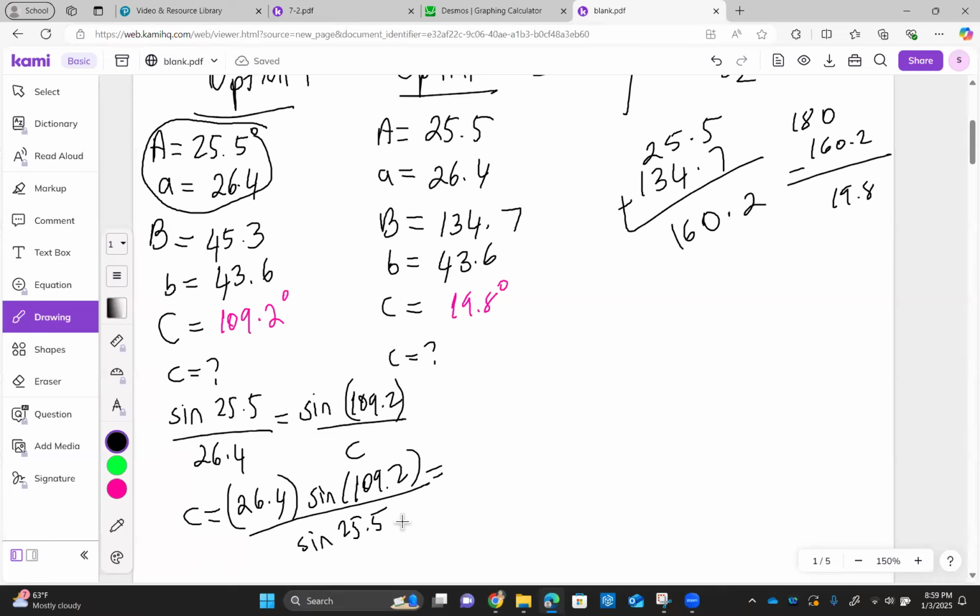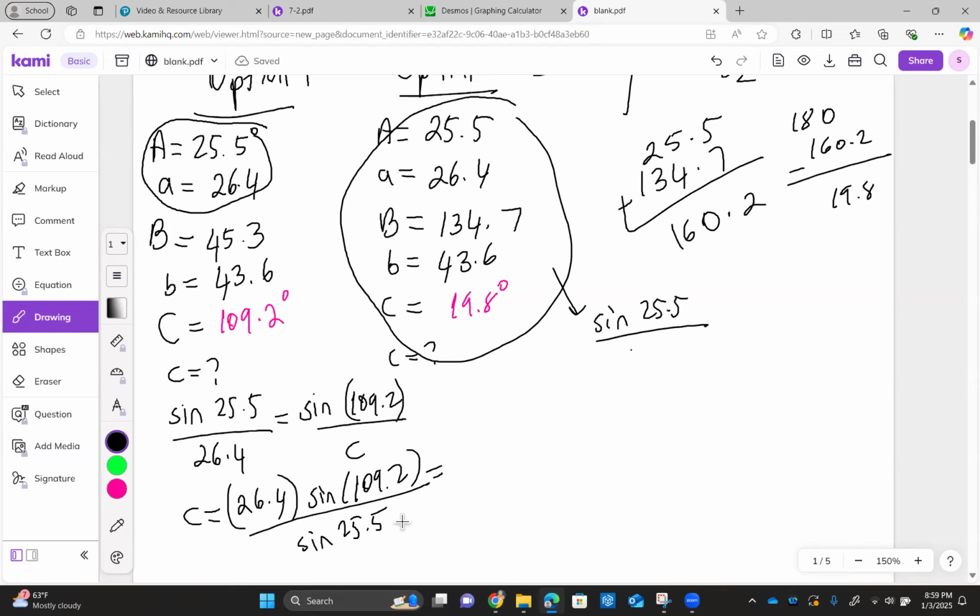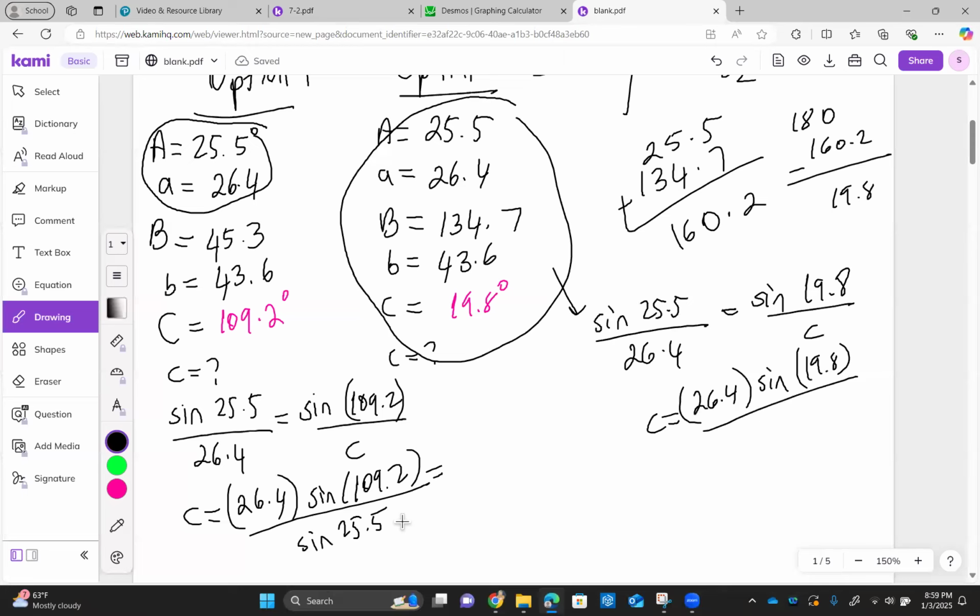But for option 2, we're still going to use sine of angle A over side A, which will be equal to, this time because we have a different angle C value, sine of 19.8 over side C. So when we do cross multiplication, this one is still going to use 26.4, but we will multiply it by sine of 19.8, and then divide it by sine of 25.5.